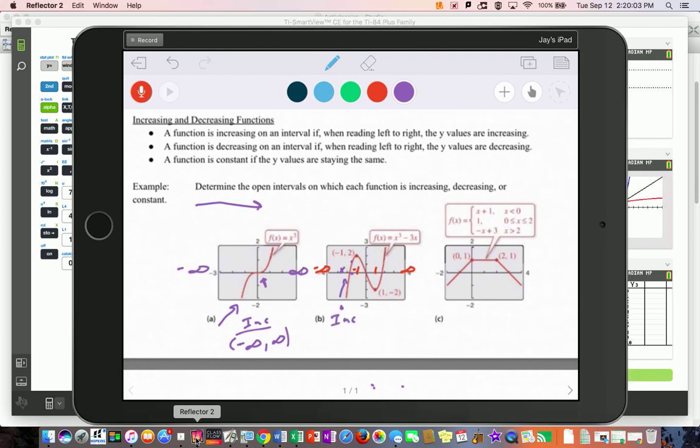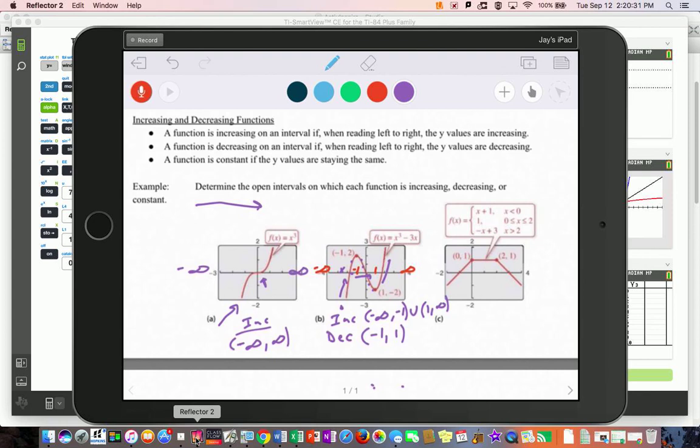So it's increasing from negative infinity to -1, and it's doing it again over here. You can see that the graph is going up from 1 to infinity. The decreasing portion of this graph is between -1 and 1. So as I go in this area, you can see that the dots are traveling downward.